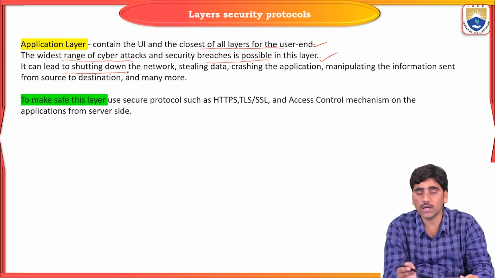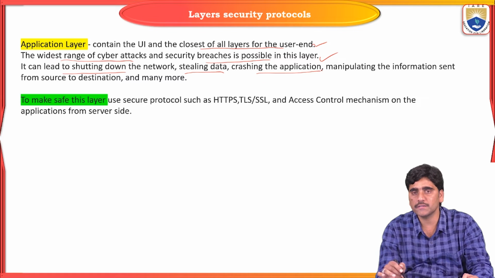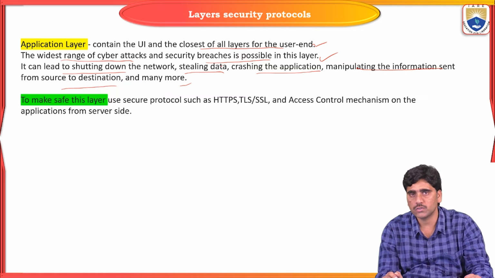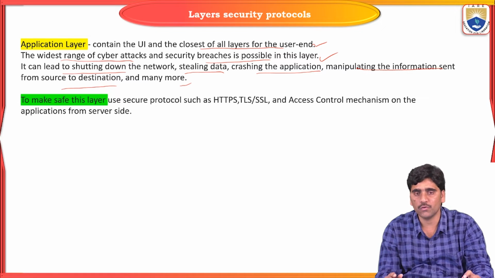It can lead to shutting down the network, stealing the data, crashing the application, manipulating the information sent from source to destination, and many more. So all the different types of attacking processes happen in this layer only.